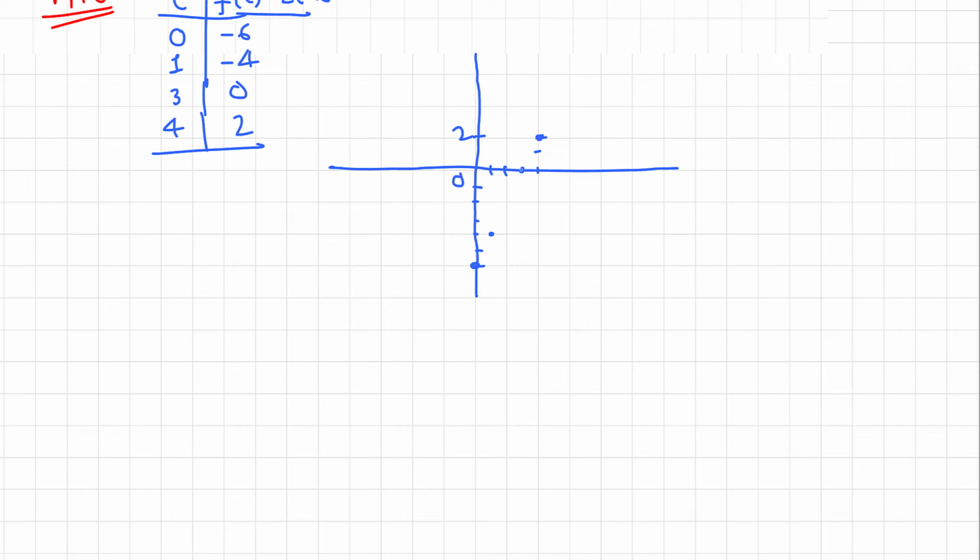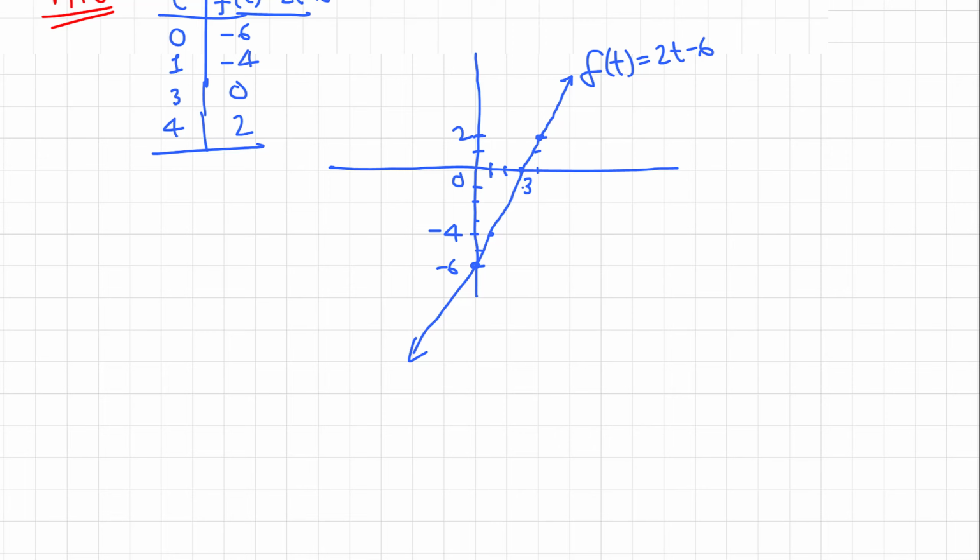So this is the line. It doesn't have to be exact. This is in fact the function 2t minus 6. At 3 it's 0, at 4 it's 2, and at 1 that's negative 4.